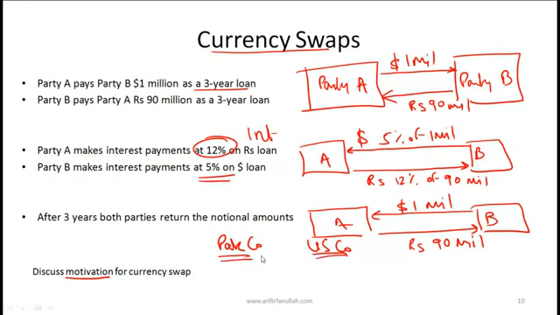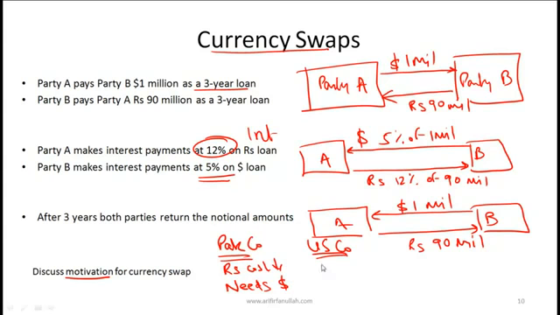And it turns out that the Pakistani company is well known in Pakistan, and therefore its cost of borrowing in rupees is low, but the Pakistani company wants to expand in the US, so it needs dollars. Similarly, we have a US company that wants to invest in Pakistan.